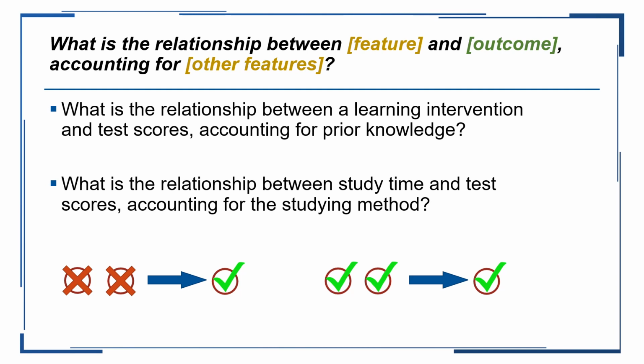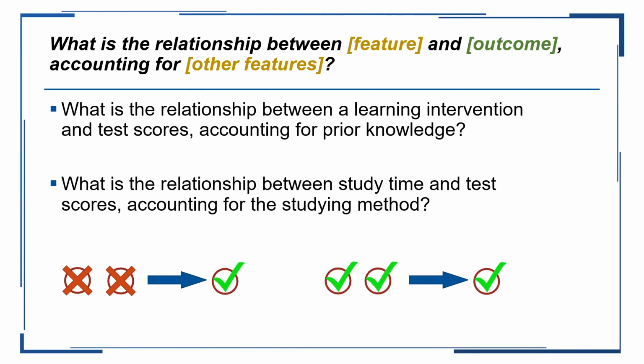If we want to measure the effect of a learning intervention, the impact that it has likely depends on how well students knew the topic before receiving that intervention. By holding a measure such as prior knowledge constant, effectively controlling for that variable, we can more accurately measure the relationship between our intervention and the outcome that we care about.